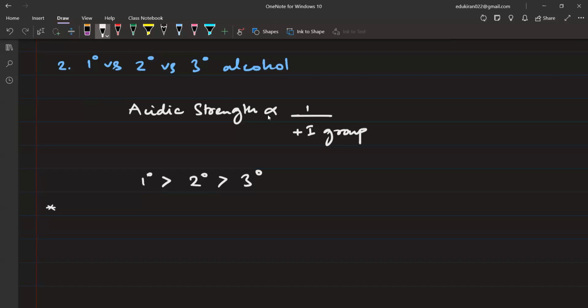Yes, sir. This is due to more plus I groups. This is due to more plus I groups in 3 degree alcohol.